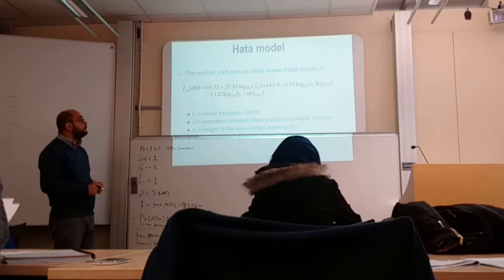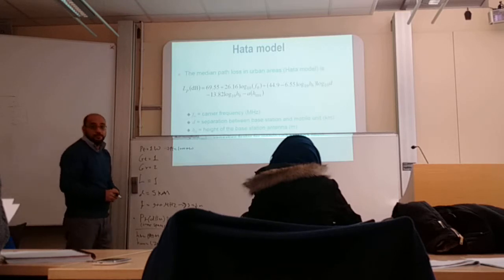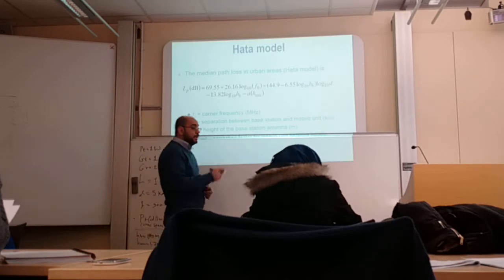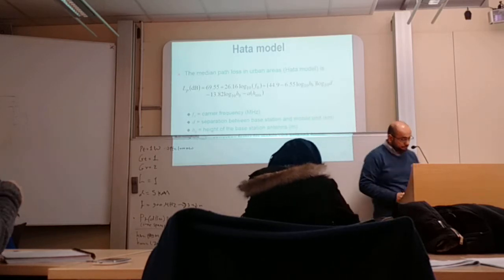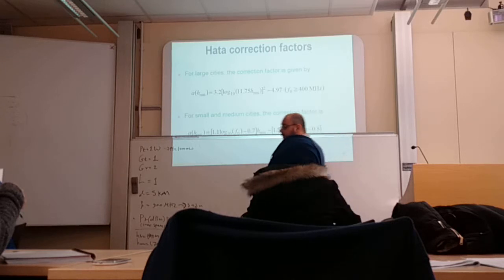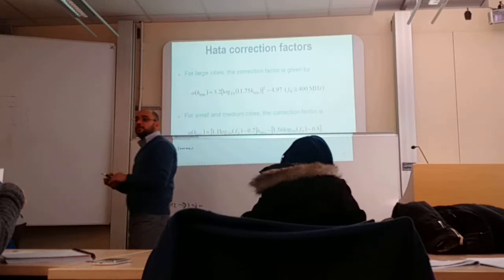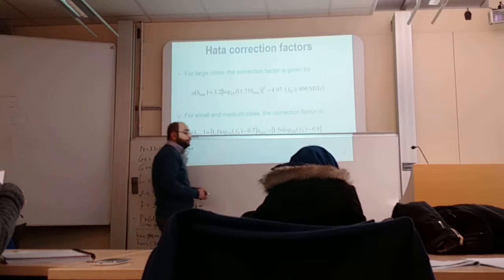So it is 5. Minus 13.82 log hb again, 140, minus a(hm). And I said large city, so it is the first equation, which is this one. So now we know what the first thing we need to calculate is, right? It is this one, a(hm).